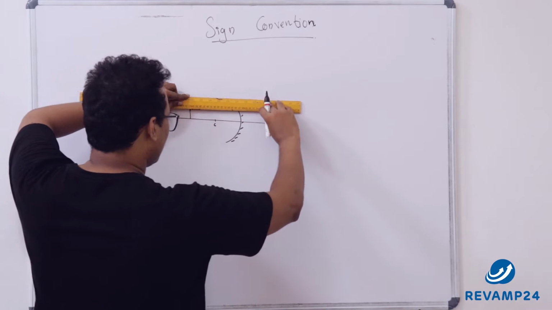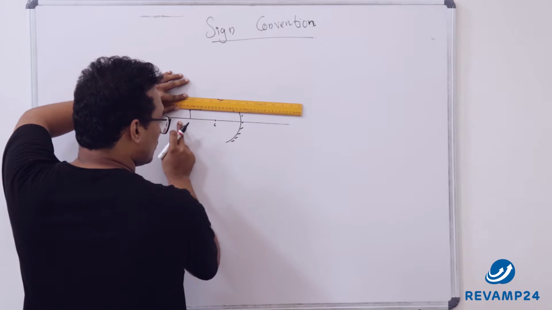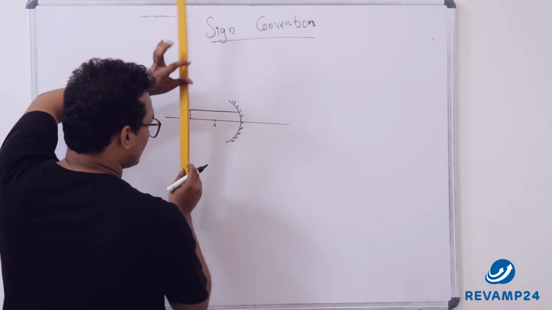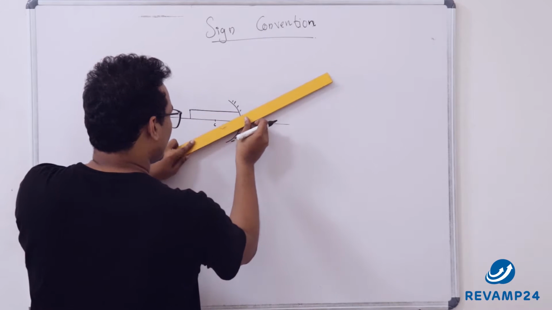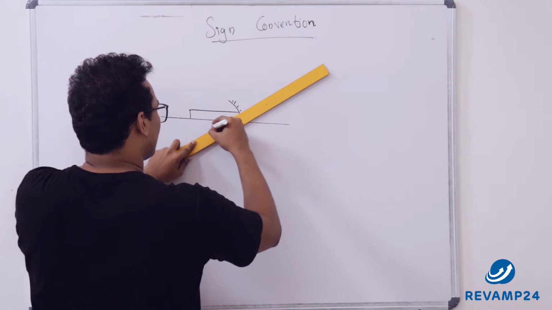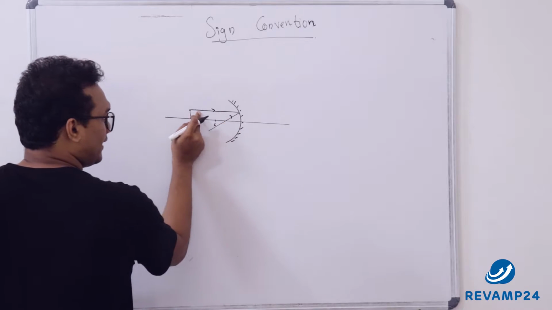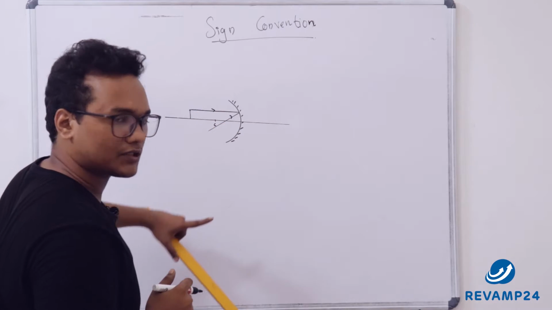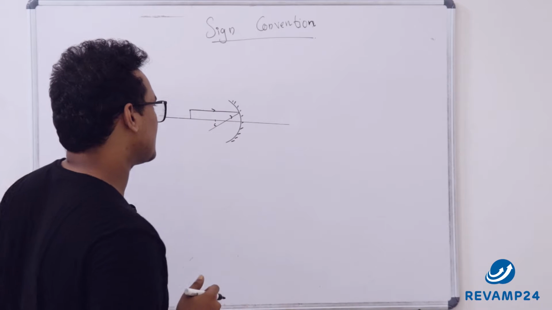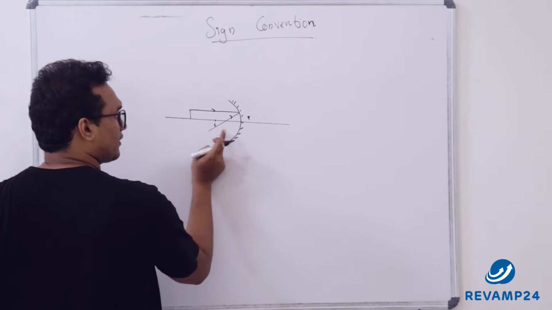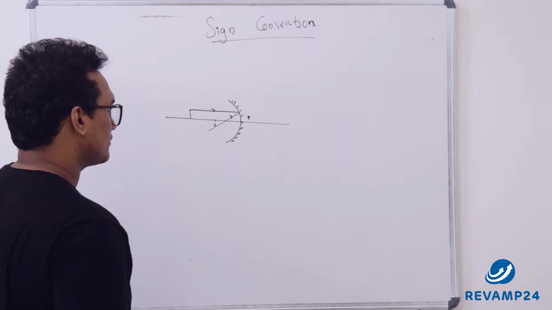One thing is, any ray which is parallel to the principal axis, after reflection, would go through a point that is called the focal point. Principal axis is the line passing through the center of curvature.